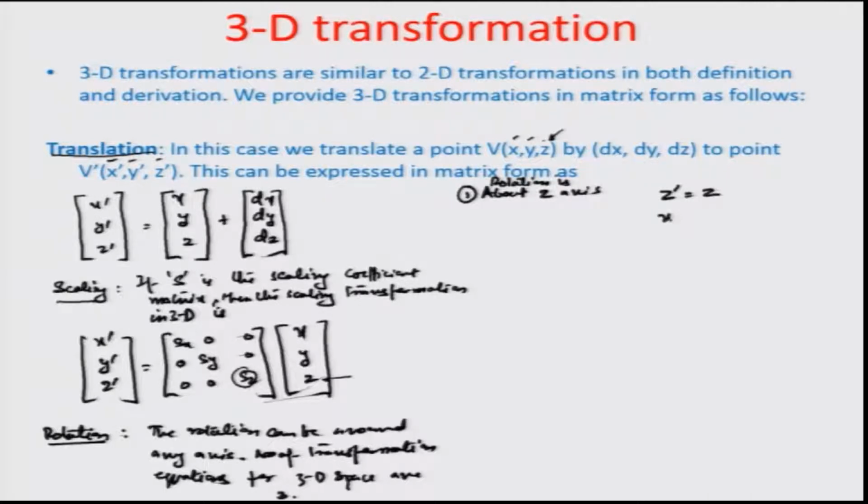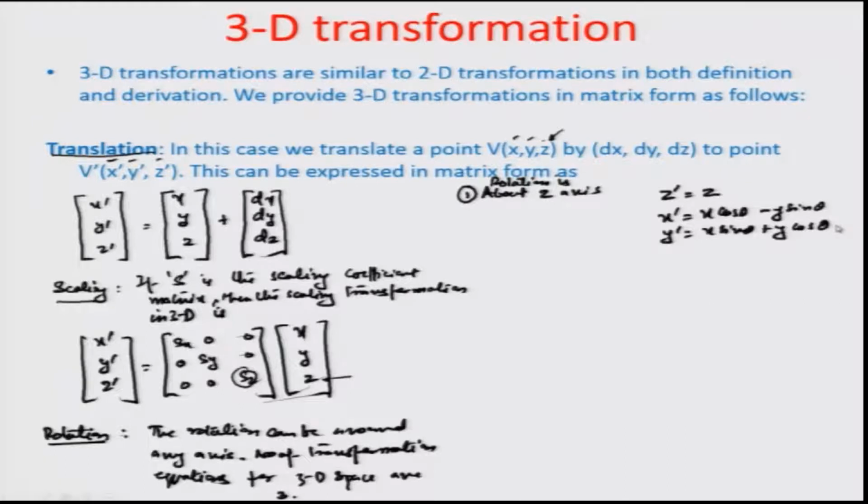Similarly, the x prime, which is the later x coordinate, can be represented as x cos theta minus y sin theta. We just did it in the 2D case before this. And then the y coordinate changes to y dash, and so y dash can be represented as x sin theta plus y cos theta.